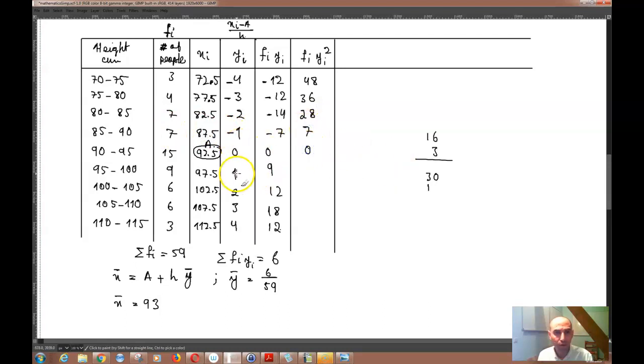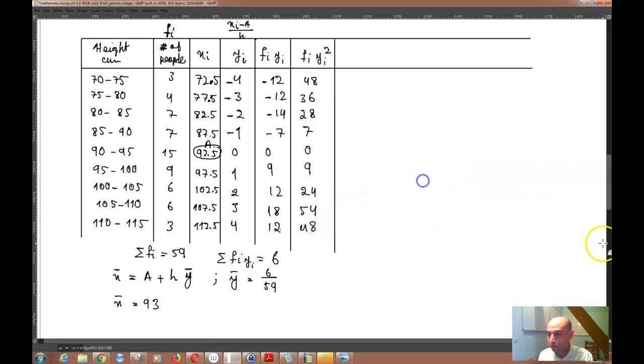And then you have 1 times 9 is equal to 9. And then you have 4 times 6 is equal to 24. 9 times 6 is equal to 54. And 16 times 3 is equal to 48.